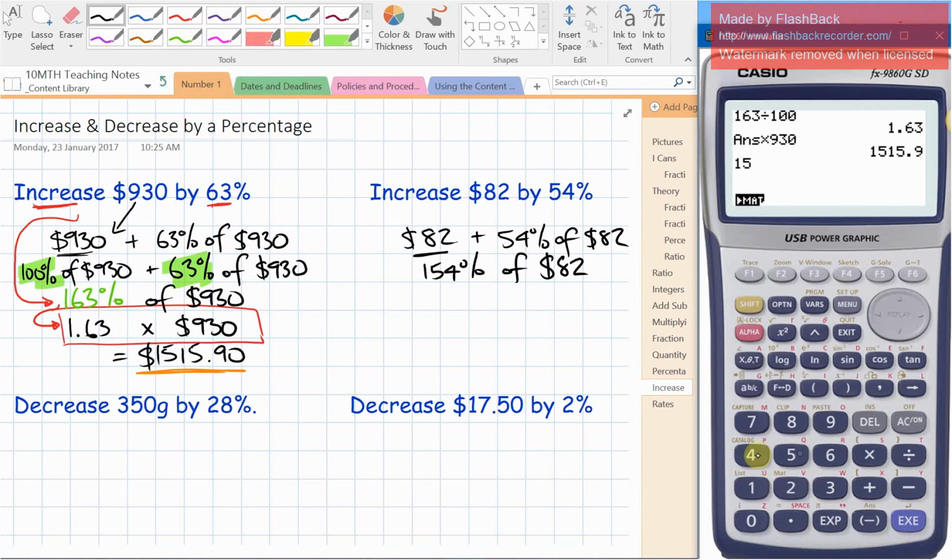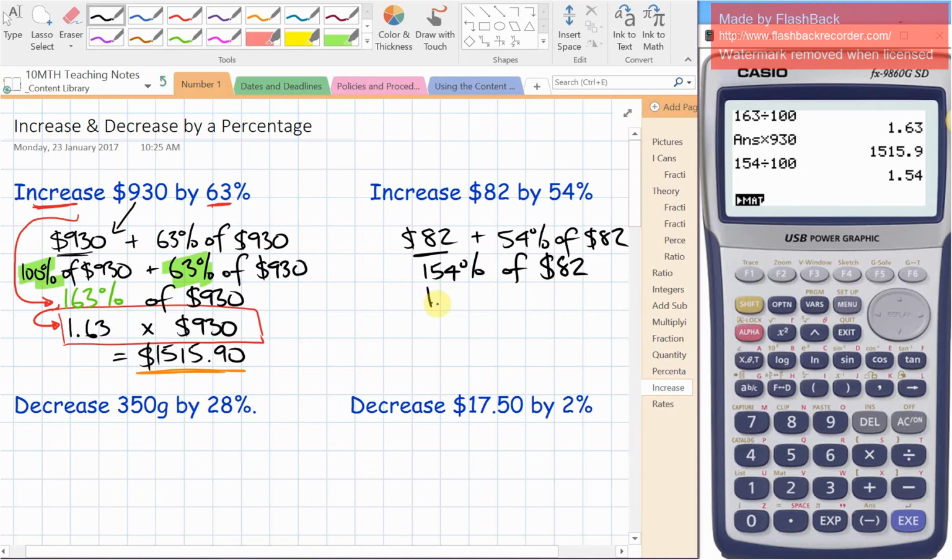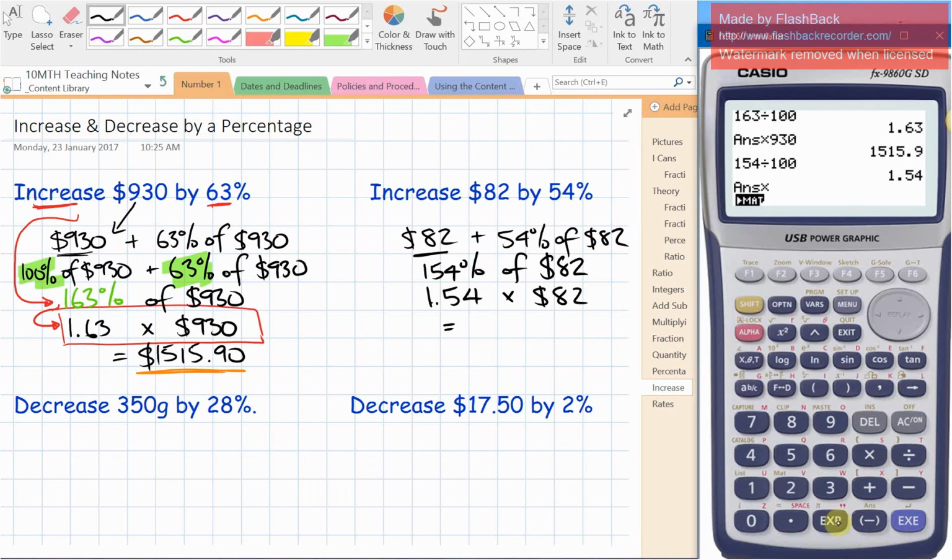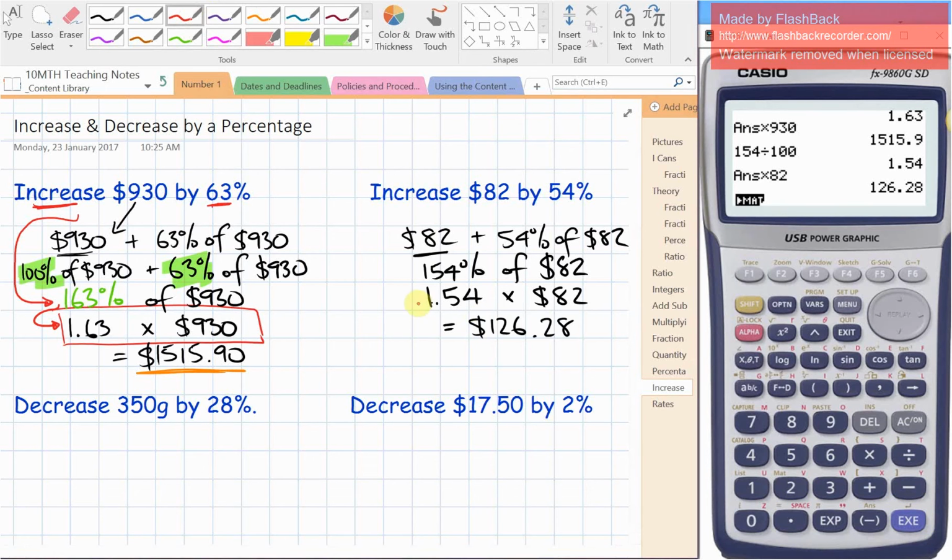So on my calculator, 154%, divide that by 100 to give me the decimal. I get 1.54 times 82, and that will give me an answer whereby 82 has been increased by 54%. So $126.28. Again, we can just go straight to that line of working there and then get our solution.